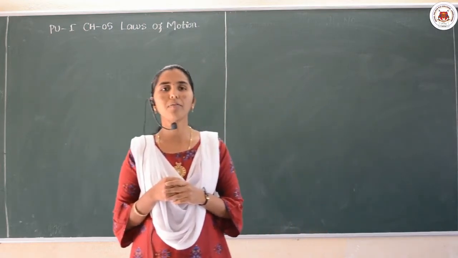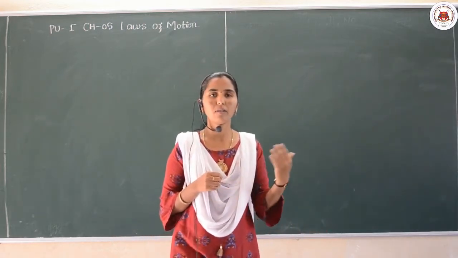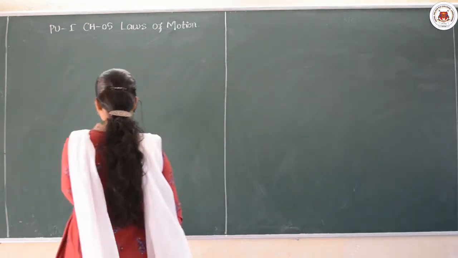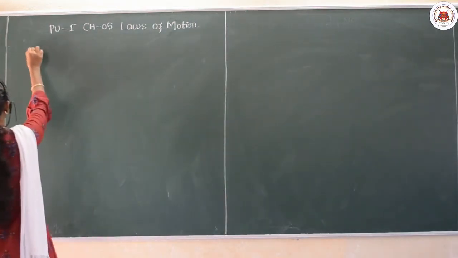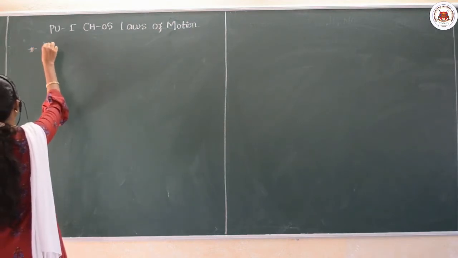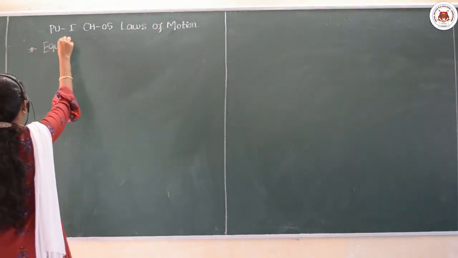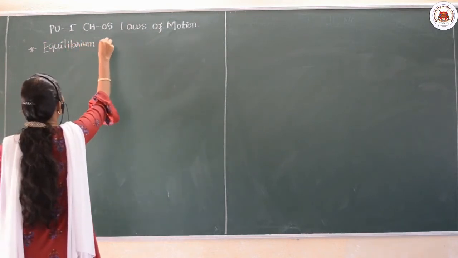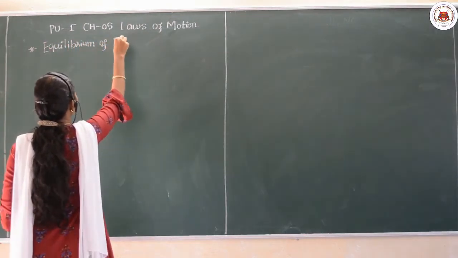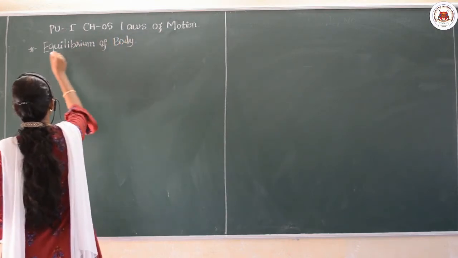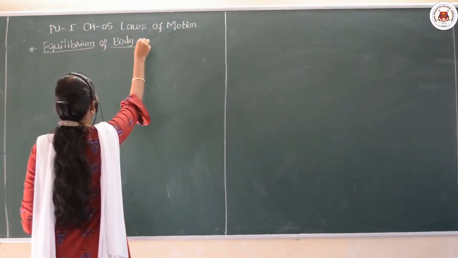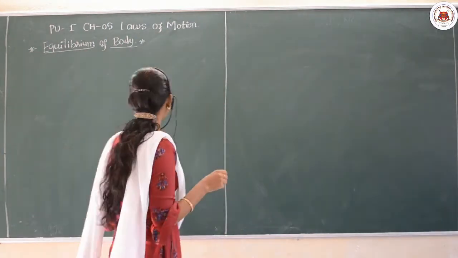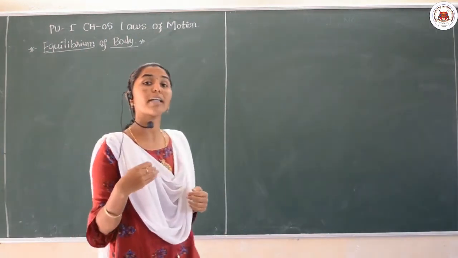Today we will move forward to study the equilibrium of the body. The next point to be discussed here is equilibrium. Actually, we call it equilibrium of a body due to concurrent forces.